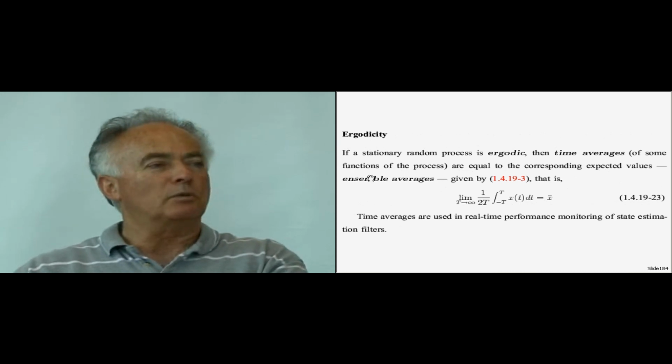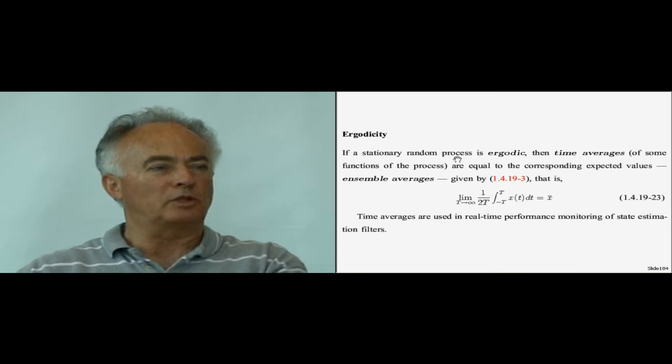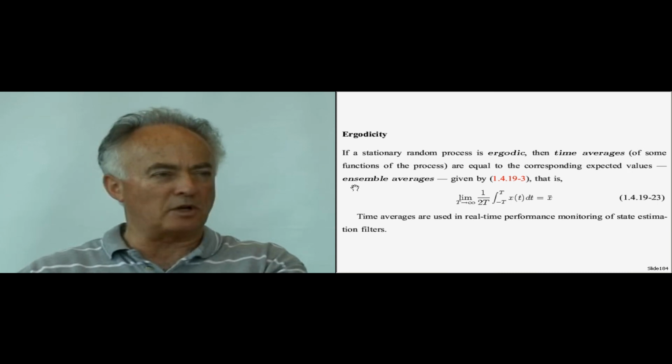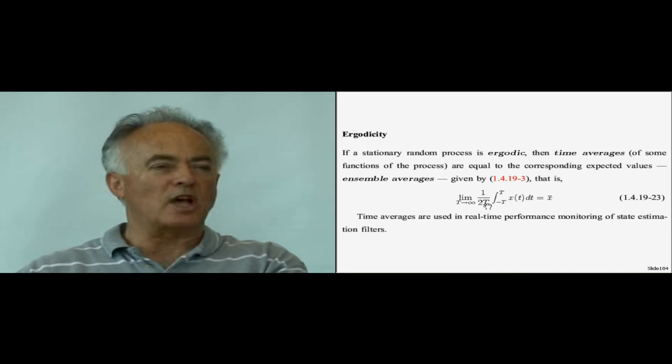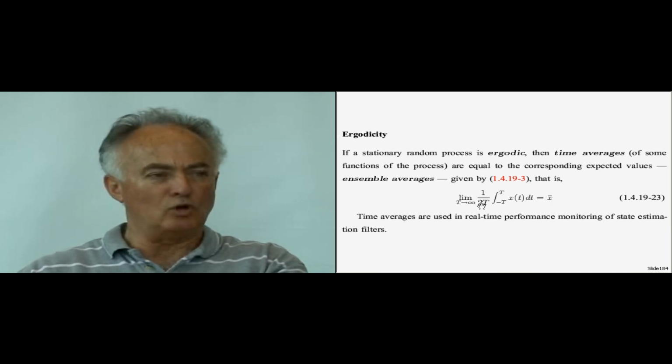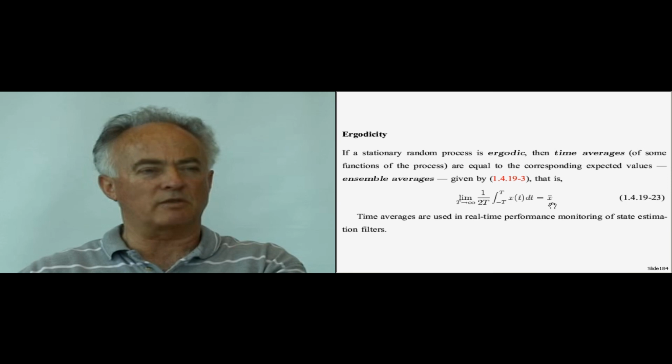Another property that we would like to bring in is ergodicity. If you have a stationary random process, we say it is ergodic, then time averages of some functions of the process are equal to the corresponding expected values or statistical averages or ensemble averages, namely the time average of this function, 1 over 2T integral from minus to plus T of xt dt, will be, as T goes to infinity, the long-term average over time, the same as the ensemble or statistical averages.